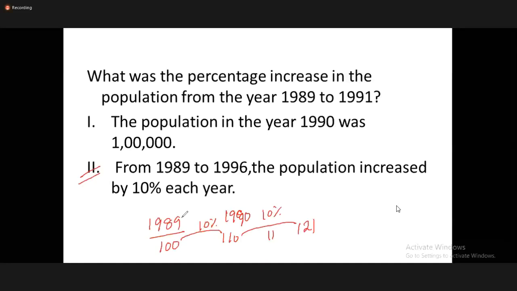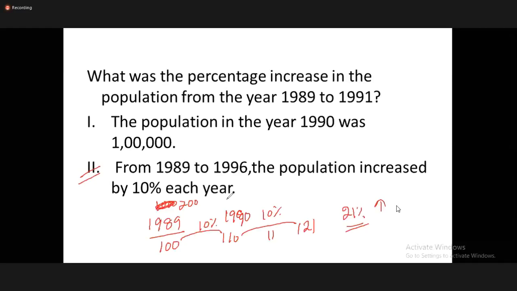If 1989 is 100, the number is 121. Can I say there is an increment of 21%? Agree? But you can take any number. If you take 1000 here, or let me take 200. I'm writing it for your clarity. 200.